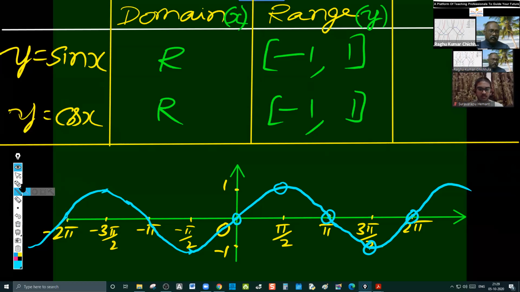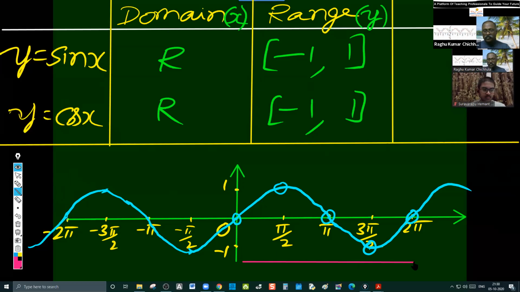Whether it is given in your CBSE textbook or not, I don't know, but it is to be known by you. What is the meaning of period? The basic shape of the graph is between 0 and 2 pi.